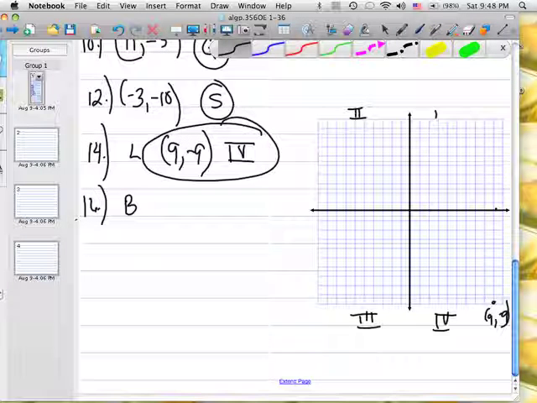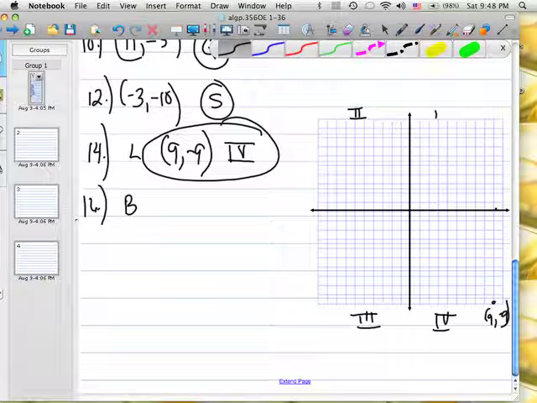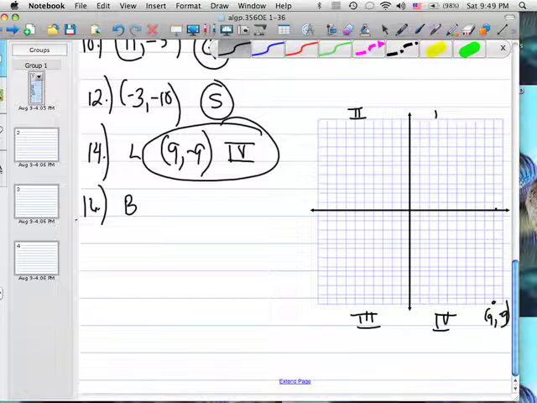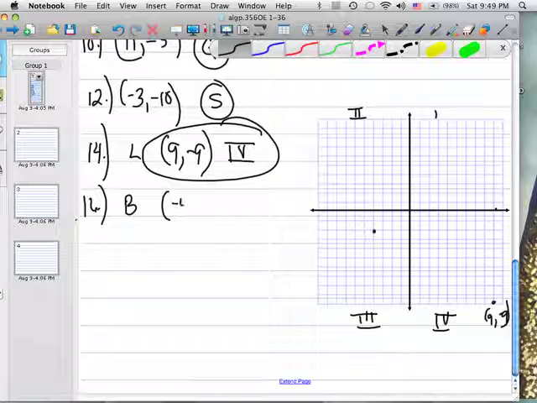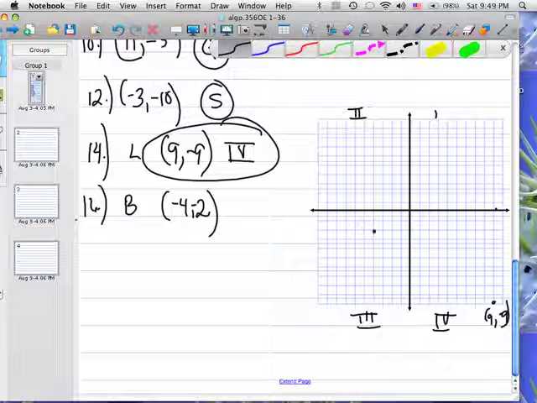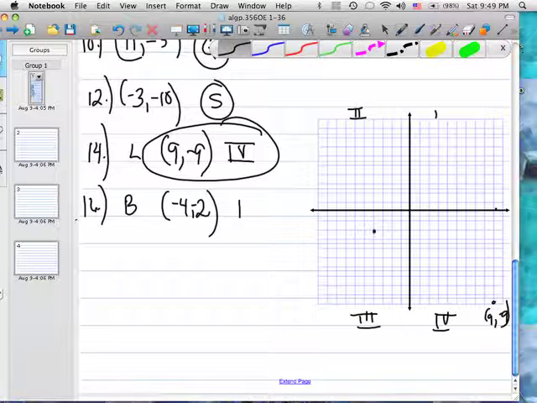It is in the 3rd quadrant. It's 4 to the left and 2 down. So it's right by here. So 4 to the left would be negative 4, and 2 down would be negative 2. So it's negative 4, negative 2, and it's in the 3rd quadrant.